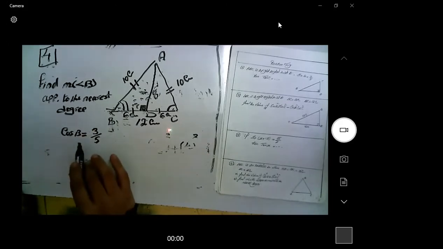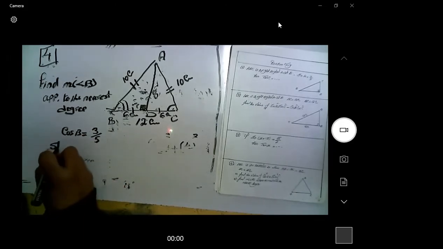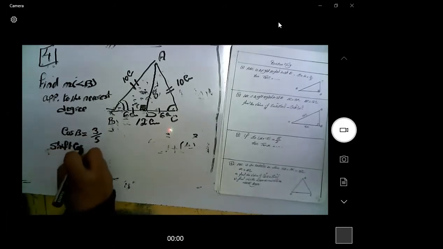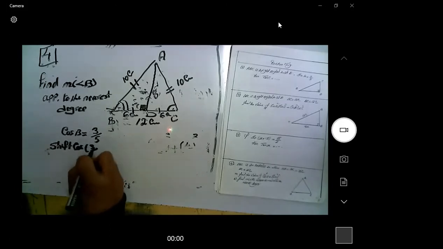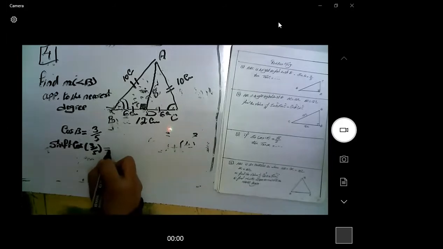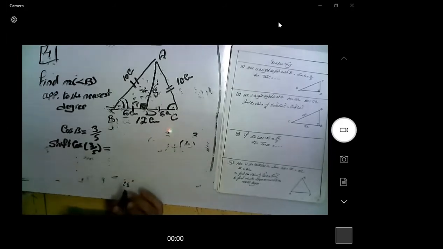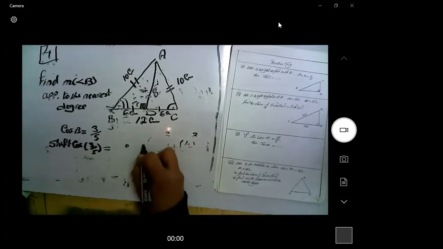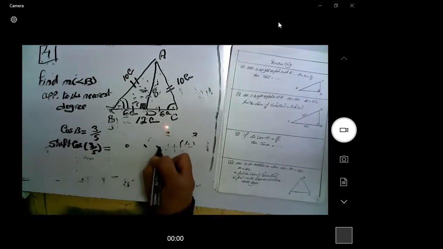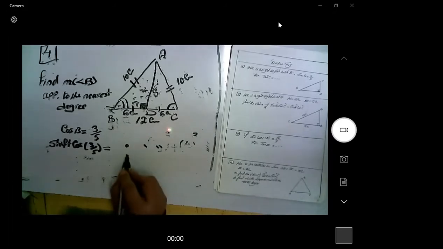We have the cosine ratio. If we want to get the measure of angle B, shift cosine 3/5, and press equal. You will get the measure of angle B in degrees, minutes, seconds.